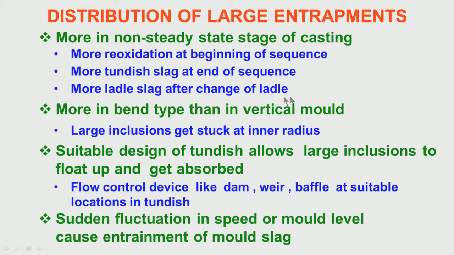And then at the stage of ladle change. A sequence means there will be several heats. So, one ladle means one heat. When one ladle is getting emptied, the ladle is replaced, another ladle will come, and the liquid steel from the ladle will fall in the tundish.